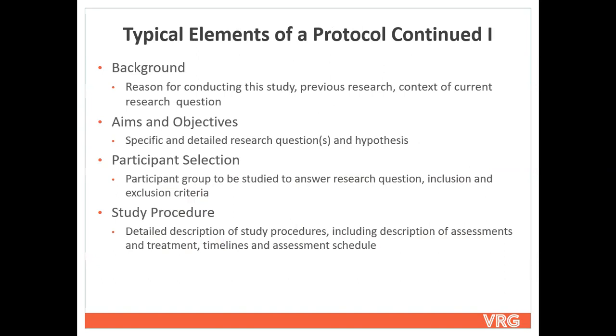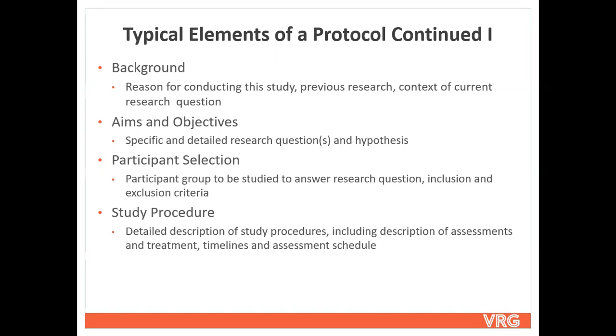In the aims and objectives, you will have a specific and detailed research question formulated, usually in terms of a hypothesis. So that might look, if we think back to our example questions, something like treatment A will be better than treatment B in reducing manic symptoms, something along those lines.